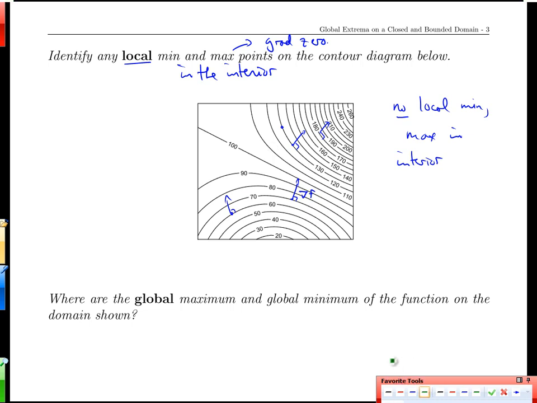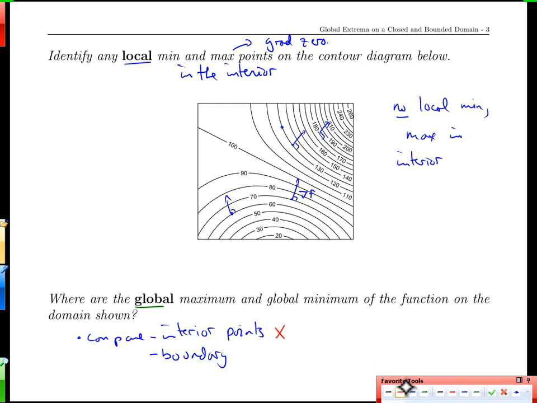Well, what does that leave us with? We still would be interested in what is the single highest point in this function and the single lowest point. We're going to find that by not looking at these interior points, because there are no special interior points, but we can also compare that with points in the boundary. So we're going to compare our interior points, and we don't have any local max or mins with that.